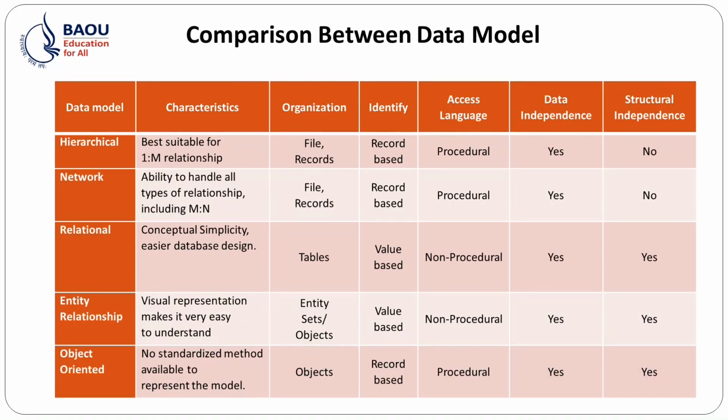Here we can see the characteristics: organization, identity, access language, data independence and structural independence. The hierarchical model has a one-to-many relationship only, its organization structure is file or record based, and access language is procedural. Yes, it has data independence. So here is the conclusion of all these models in this diagram.